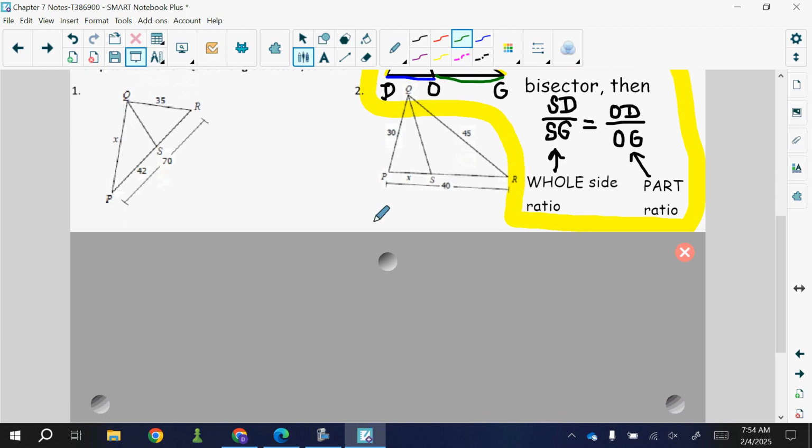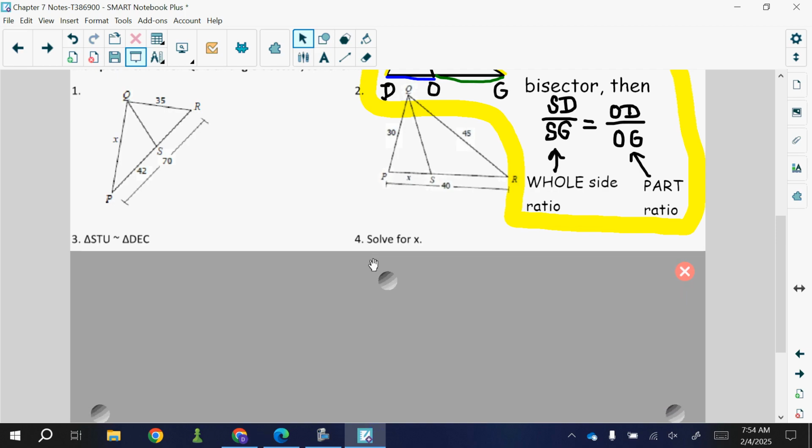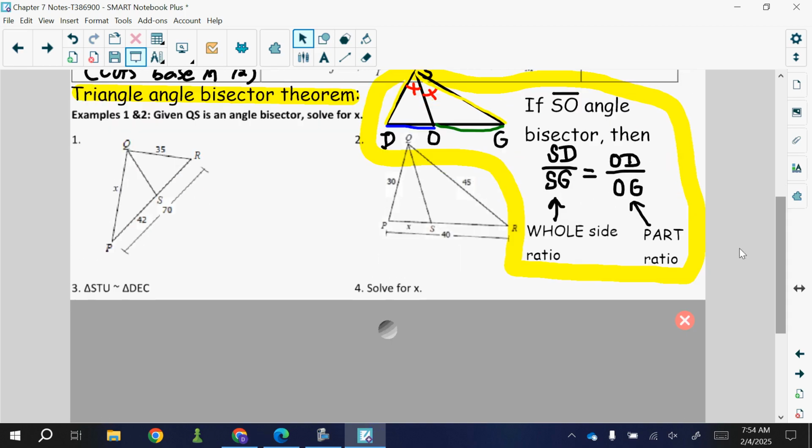Speaking of the triangle angle bisector theorem, we're going to use that right here. It says, given QS is an angle bisector, solve for X. It's already telling you that QS is an angle bisector, which tells you that you can use the triangle angle bisector theorem. So you're going to have whole over whole equals part over part, staying consistent on the left-hand side and right-hand side. Let's set it up.